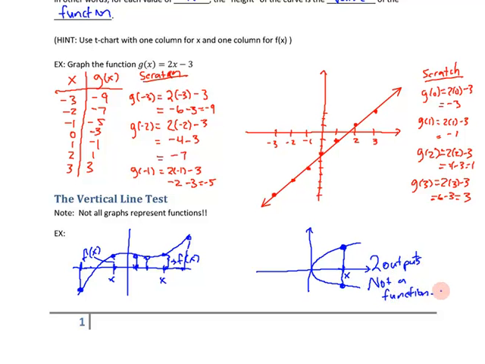So the easiest way to determine by looking at a graph whether or not it's a function is to see, are there any places where you have more than one output for any input? That is, if you ever draw a vertical line, does it ever intersect more than one place? And if it does, then that turns out not to be a function.